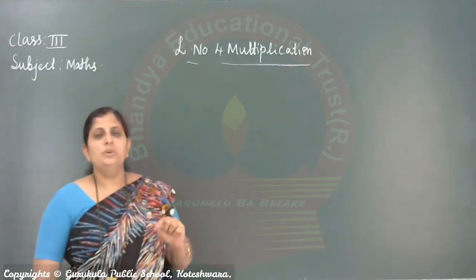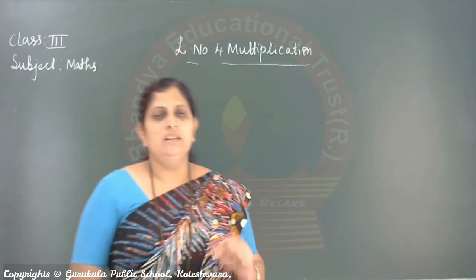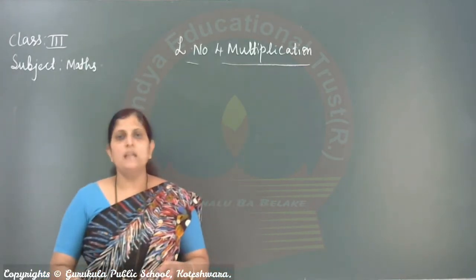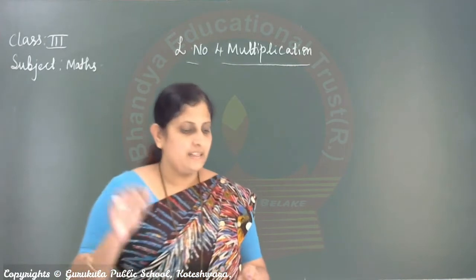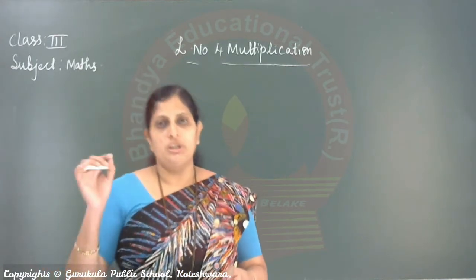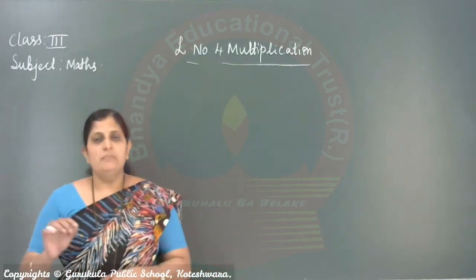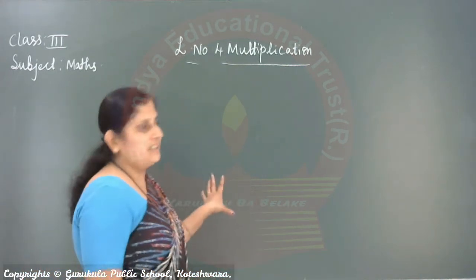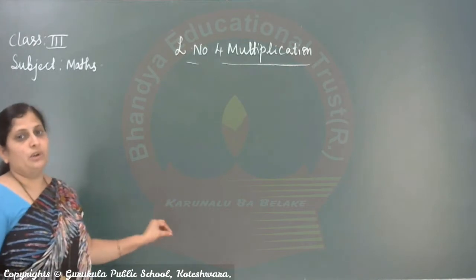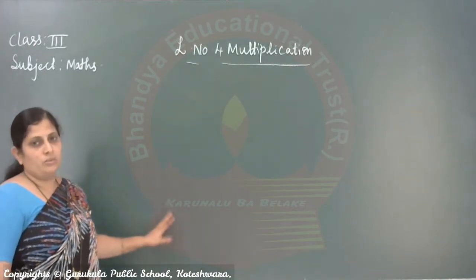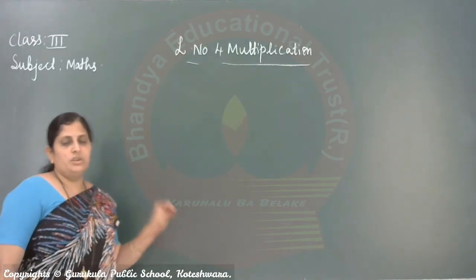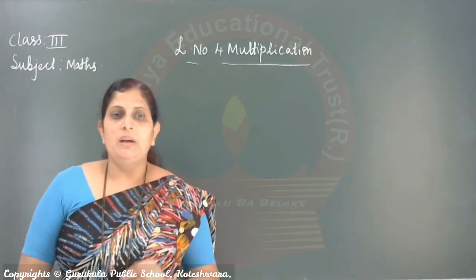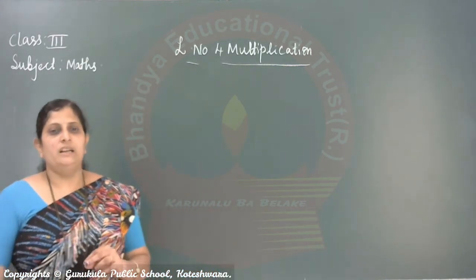In your class work, in a fresh page after the third chapter, take one fresh page and write there lesson number 4, multiplication. Start writing the tables. Start from 0, because you must know that when you multiply 0 with any number, what will you get?